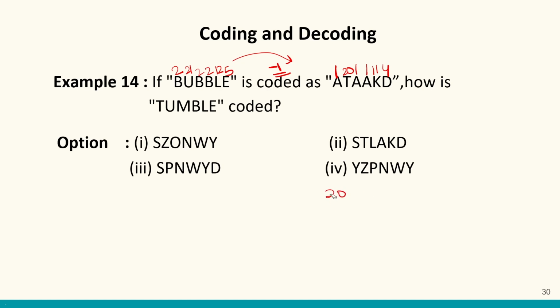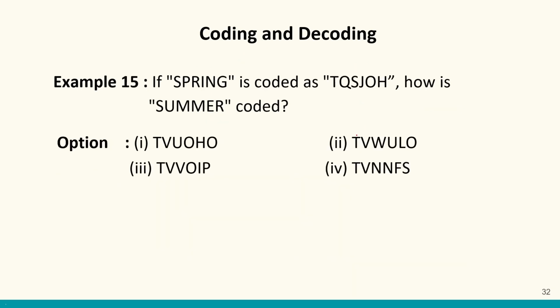U is 21. M is 13. B is 2. L is 12 and E is 5. And we have to go one position backward. So our code will be S, T, L, A, K and D. So our answer will be S, T, L, A, K, D, which is option number 2. So option number 2 will be the correct answer.